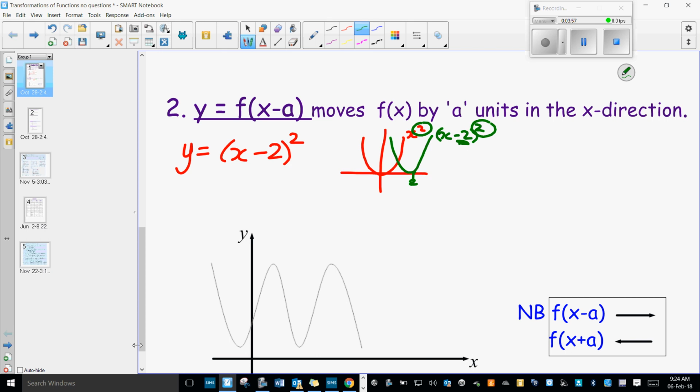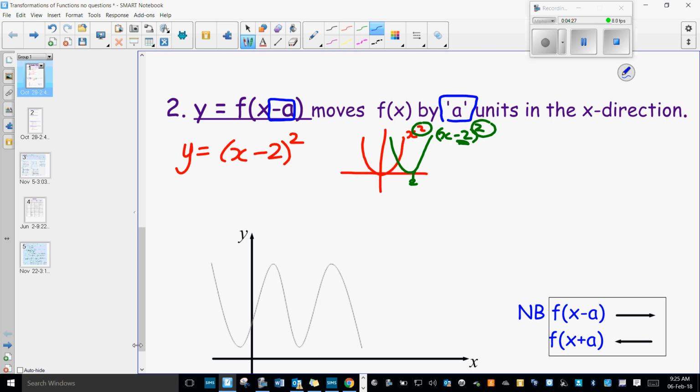So it moves f(x), remember, that's our original graph, by a units in the x direction. Now note here, this is minus a, but it moves it by a units in the opposite direction than we might imagine. So up above, when we had a plus a, we moved up, and a minus a, we moved down. For this one, if we've got a minus a inside the bracket, we're actually going to go to the right.